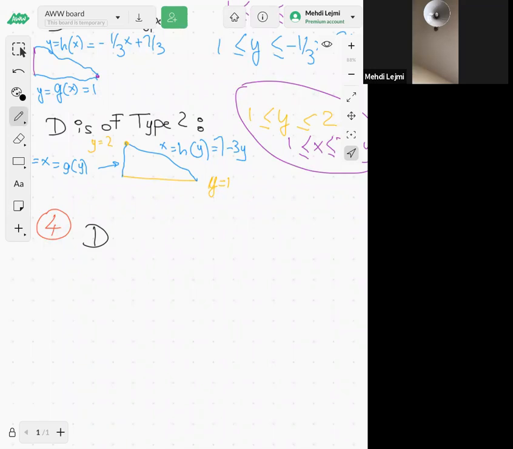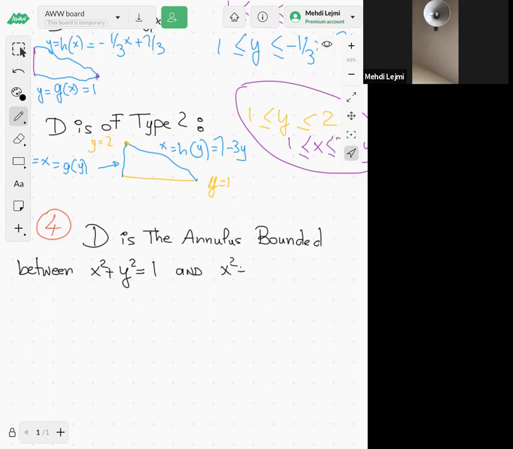So D is the annulus, bounded between the two circles of radius 1 and radius 2, between x squared plus y squared equals 1 and x squared plus y squared equals 4.